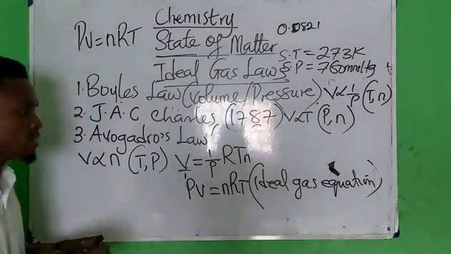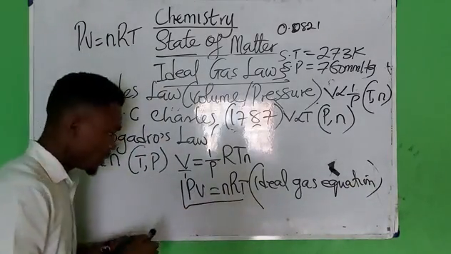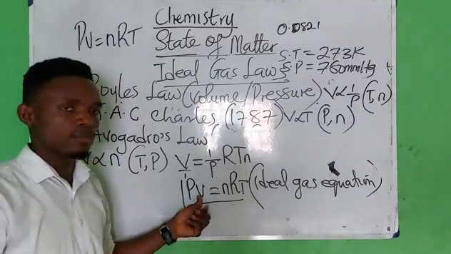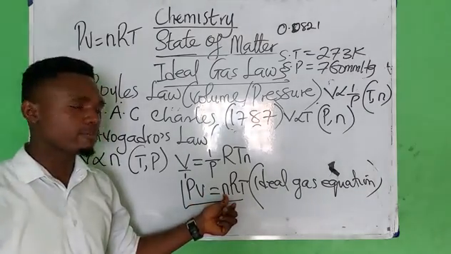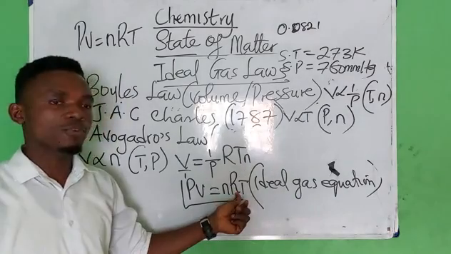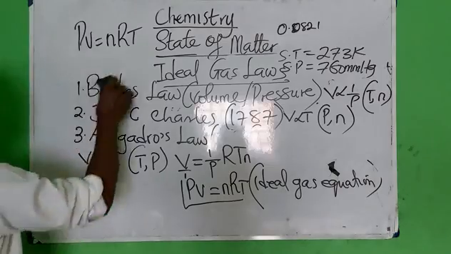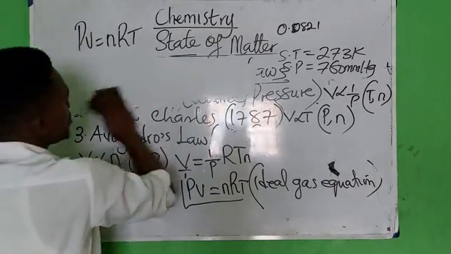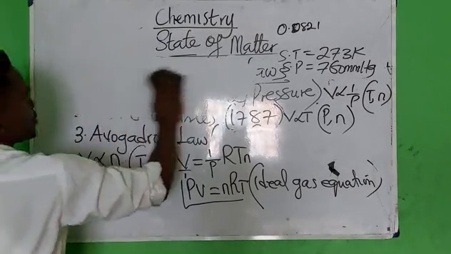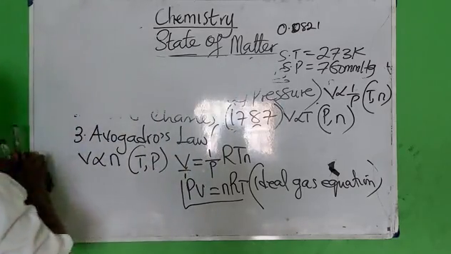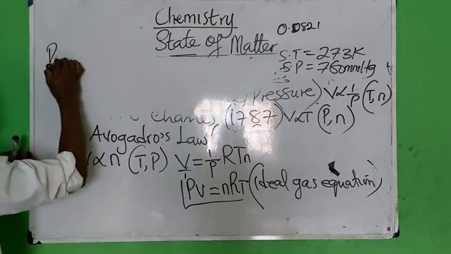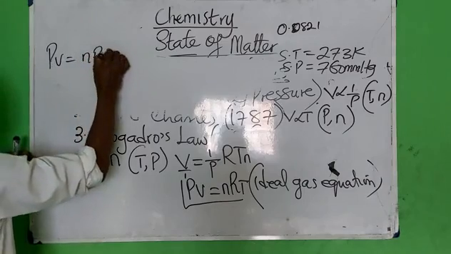You see now, so please, this is the formula. P stands for pressure, V stands for volume, n stands for number of moles, R stands for the gas constant, and T stands for temperature. Now that we've established that, let me make each the subject of the formula. I have PV equals nRT.